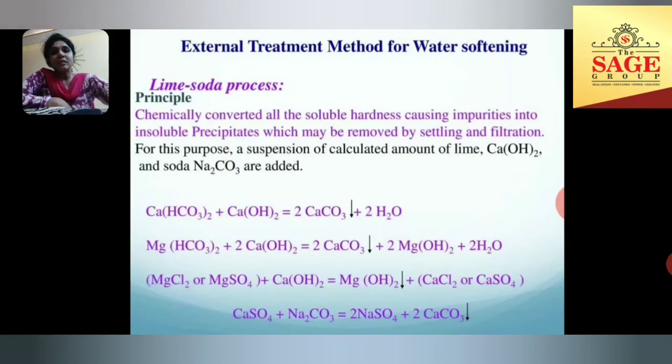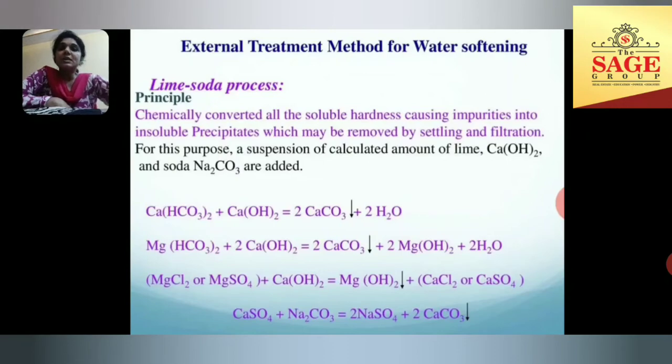See, some of the reactions are also given. In the first reaction you can see calcium bicarbonate reacting with lime to form calcium carbonate and water, and calcium carbonate is a precipitate. So the hardness that was caused due to calcium bicarbonate is converted to precipitate. In the same way, magnesium bicarbonate is dissolved in water and when lime reacts with it, it forms calcium carbonate and magnesium hydroxide precipitate.